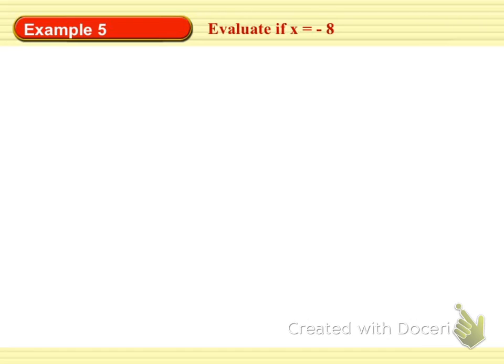Okay, now we're going to evaluate if x is equal to negative 8. When we do these types of problems, I'm going to ask that you be really cautious with these negative signs and even come in here and draw in parentheses, because we have to protect the number. This is the number we are going to drop in place of every variable x.